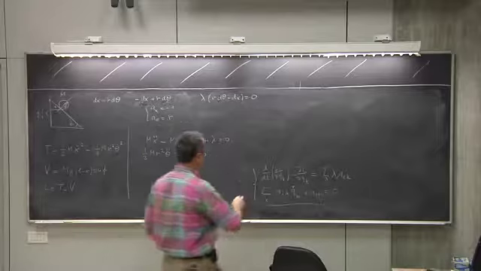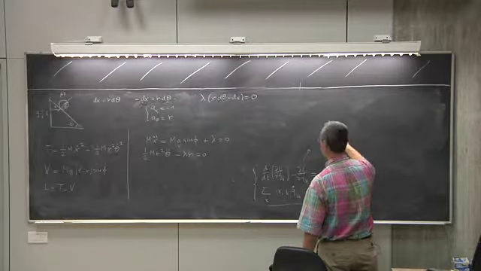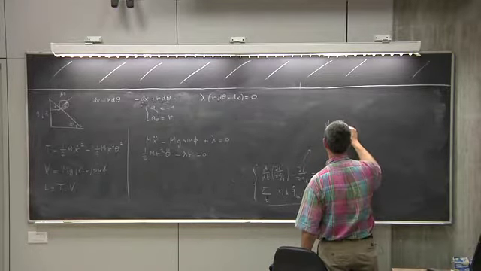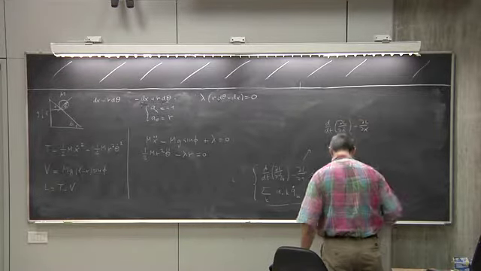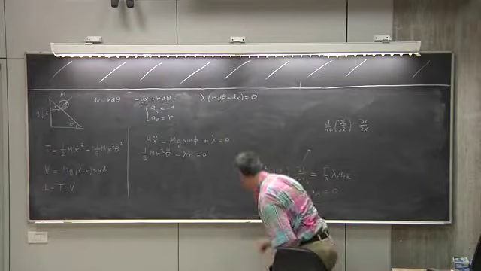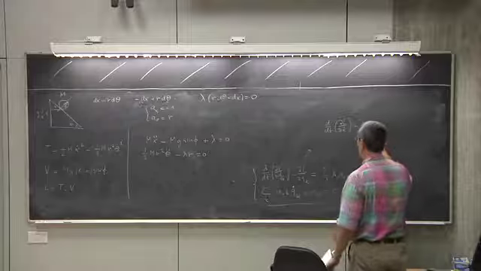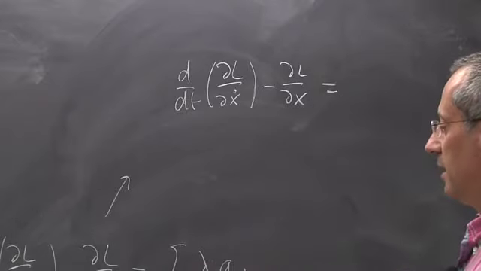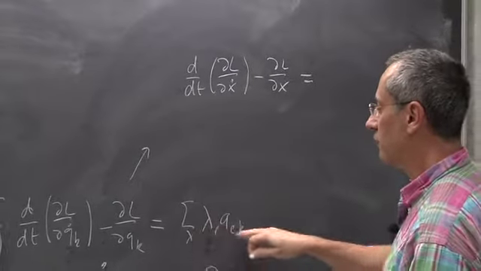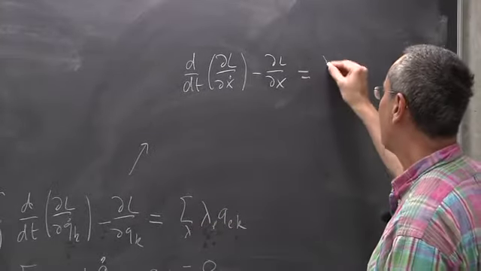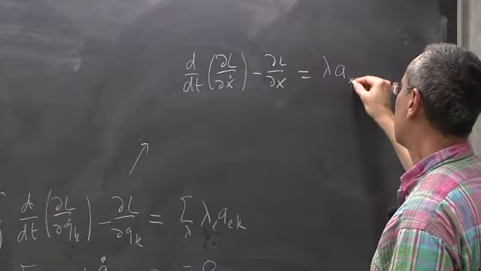So I mean, I'm writing these equations, right? The first one I wrote was d/dt dL/dx dot for our case, right? Minus dL/dx equal, I have to put here my coefficient, but I only have one for x of this coefficient. There is no sum here. So I only have lambda a_x.